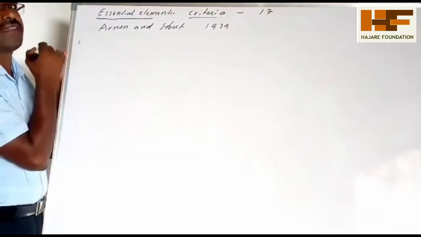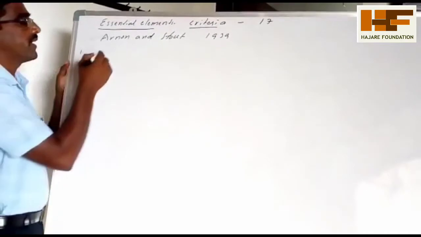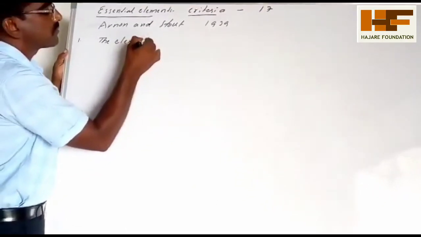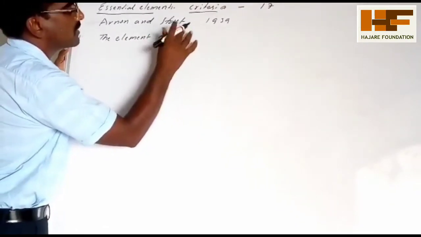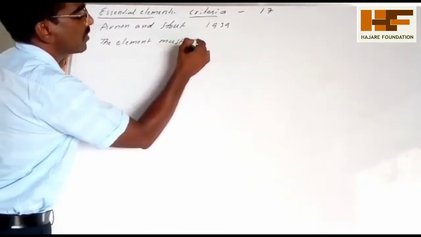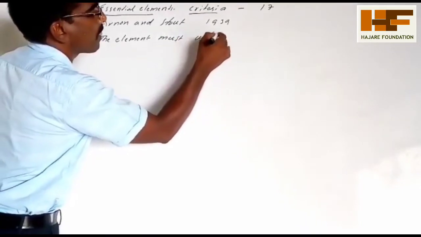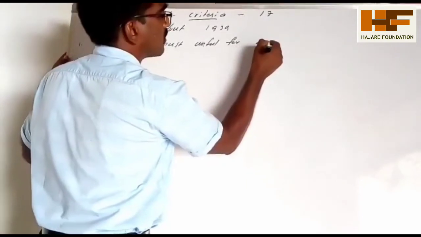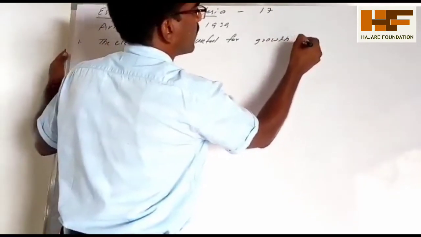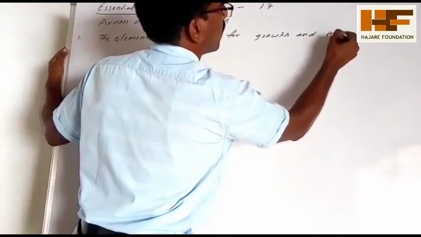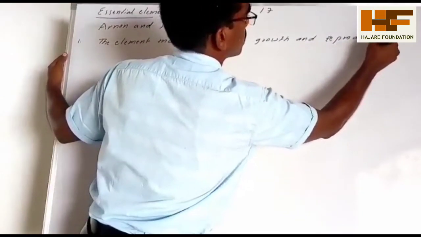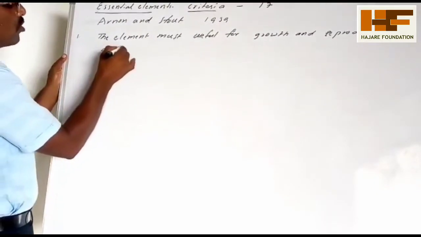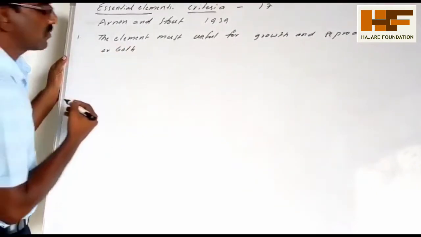The essential elements have the following criteria. The first criterion is that the element must be useful for growth and reproduction, or both.